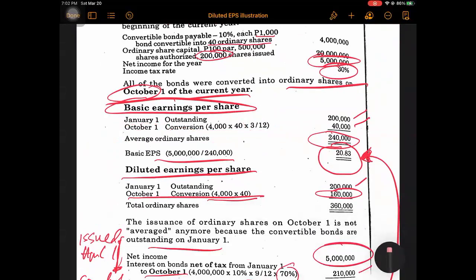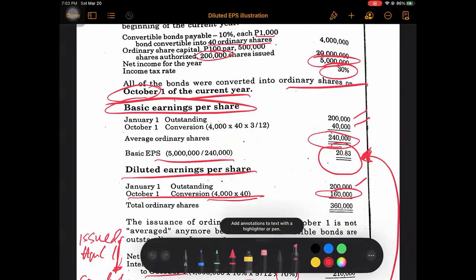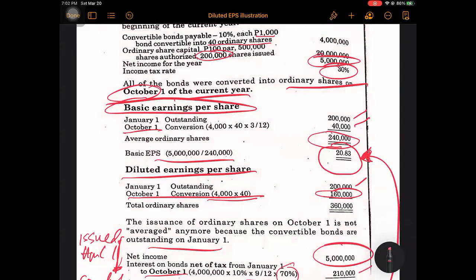Since na-convert sa October, October 1 gyapon ka mag-start og count padulong December. Pag basic earnings per share, even April 1 pa na siya na-issue, ang importante sa basic earnings per share, kanus-a actually converted. So it was actually converted on October 1, therefore mag-start imong computation sa averaging October 1, outstanding October, November, December, 3 months gyapon siya. So wala gihapon changes pag basic earnings per share.